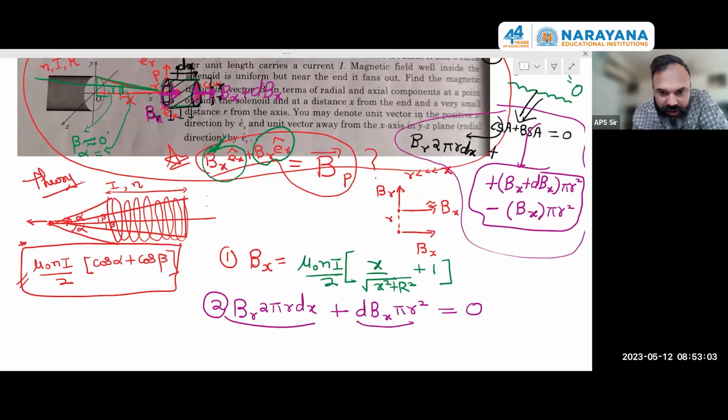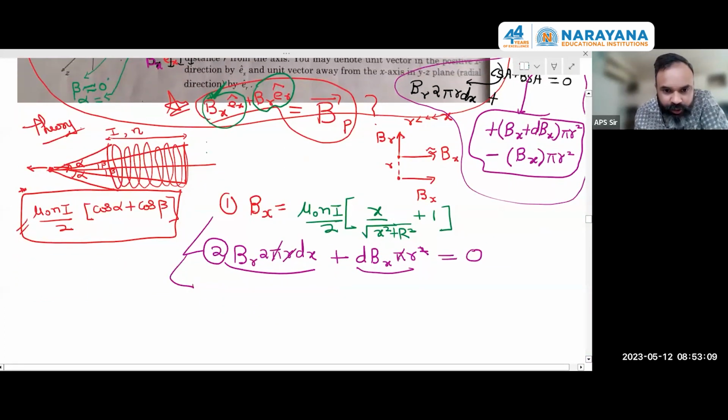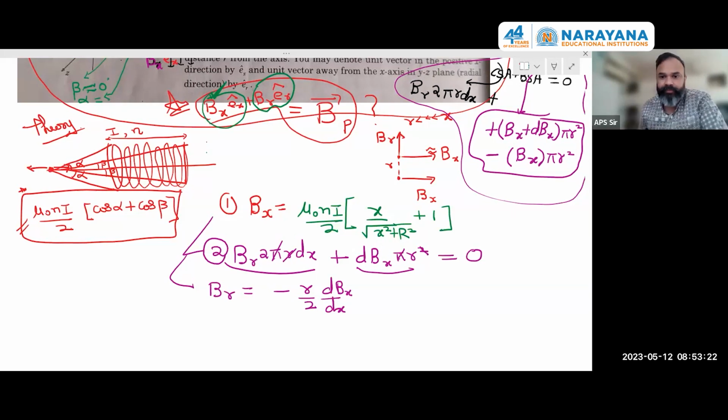This and this, pi r and pi r will cancel. So basically, now I can say from these two equations that my Br is minus r by 2 times d by dx of B as a function of x. So it is minus r by 2 and dB by dx.